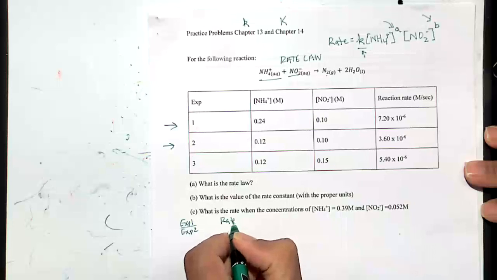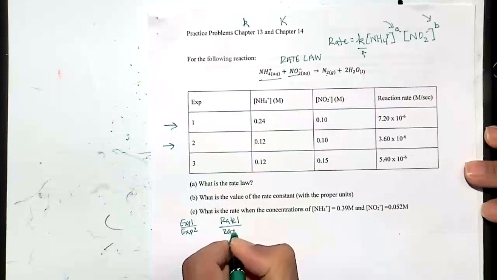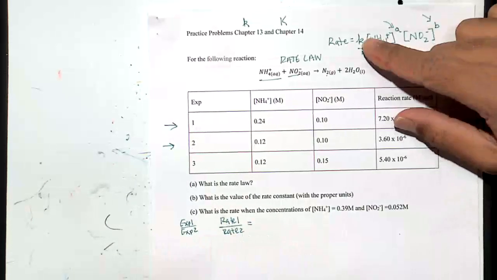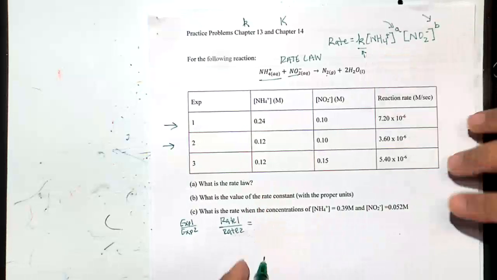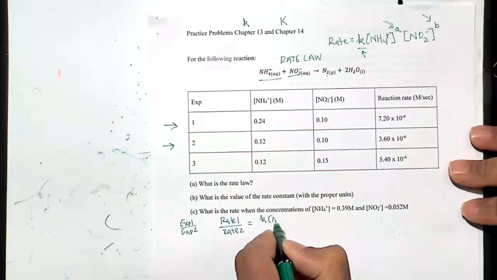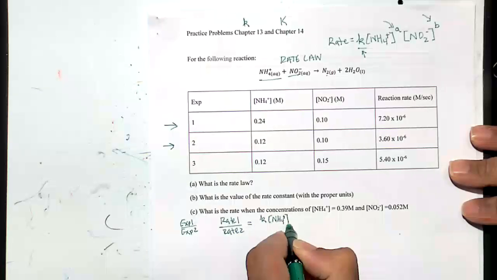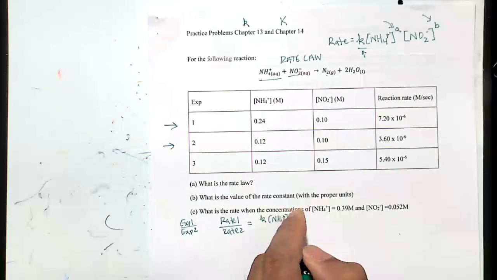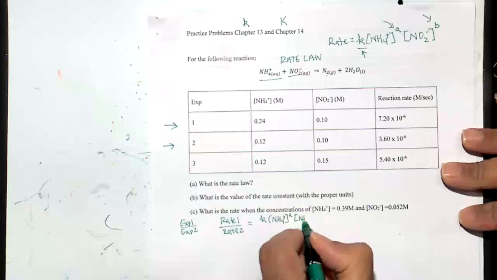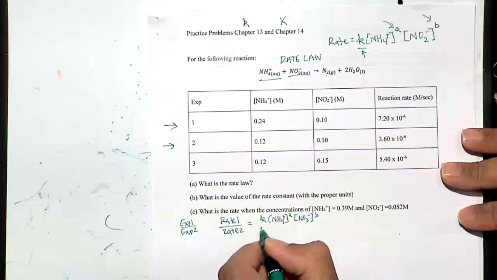That means rate 1 over rate 2. Let's use this formula here: equals K times NH4 plus raised to the power A, times NO2 minus raised to the power B.